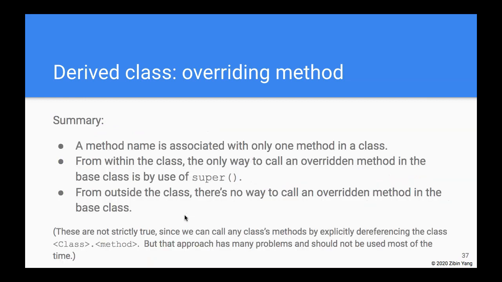Just as a summary, what we just talked about is, first, a method name can only be associated with one method for any given class. So Dunder Init is only one method, even though there might be a Dunder Init in the base class.